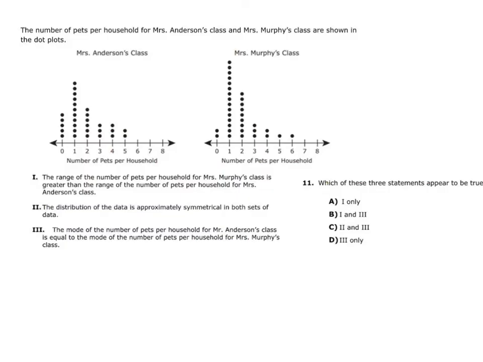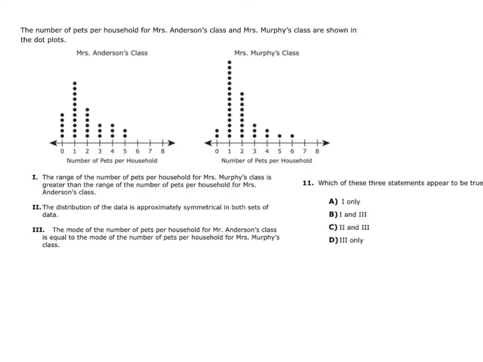Okay, number 11. Merlin says the number of pets per household for Mrs. Anderson's class and Mrs. Murphy's class are shown on the dot plots. So the question is, which of these statements appear to be true? Let's go ahead and look at that. We count each of those points.